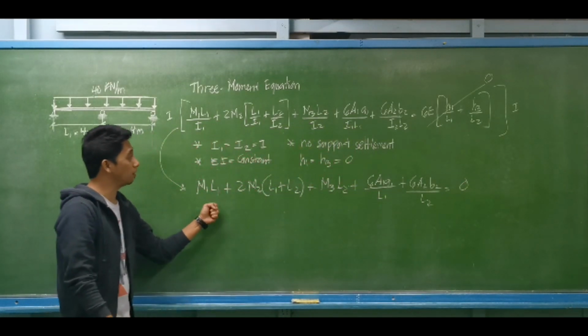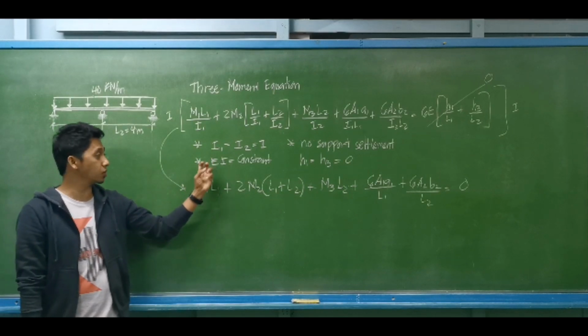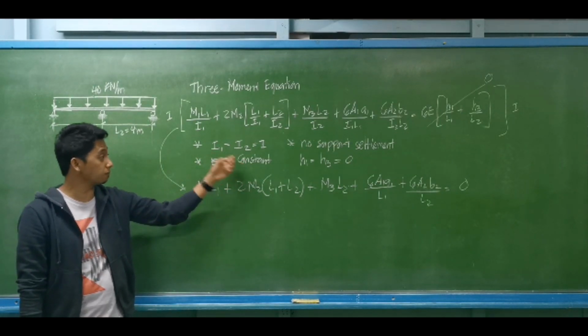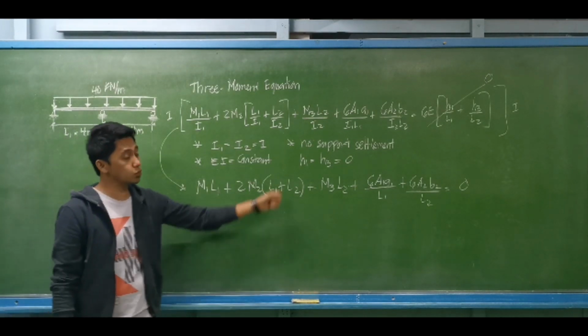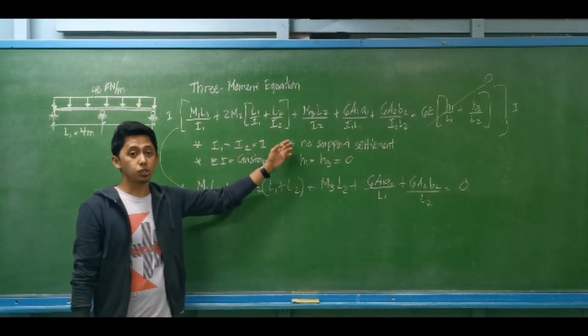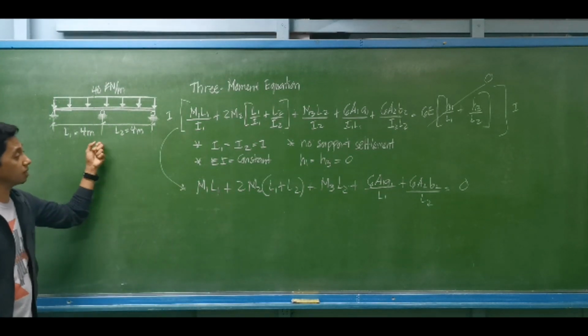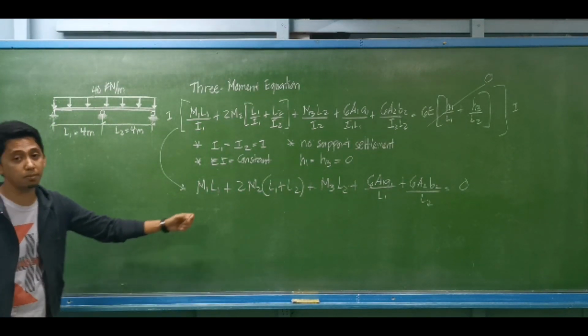So this is the simplified form if we have constant moment of inertia, or EI is basically constant for all of the spans, and no support settlement. So let's try this example using the three-moment equation.